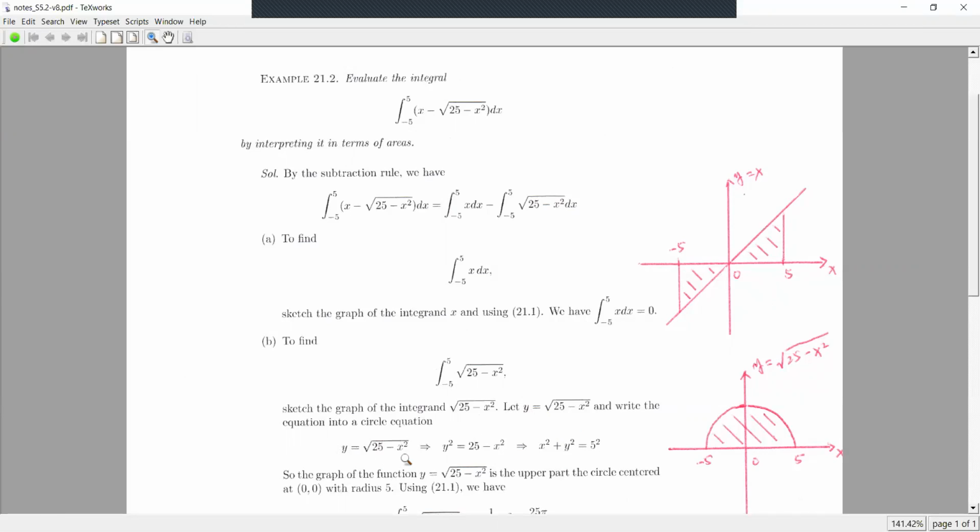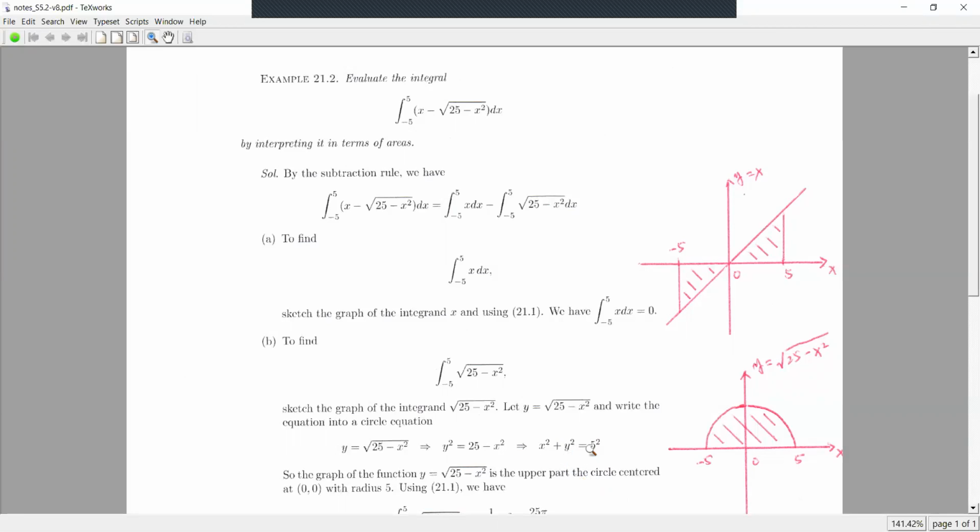Take squares on both sides, then we get this equation. Move x squared to the left-hand side, then we have this circle equation. The graph of this equation is a circle. The radius is 5. The center is 0, 0, the origin of the xy plane.